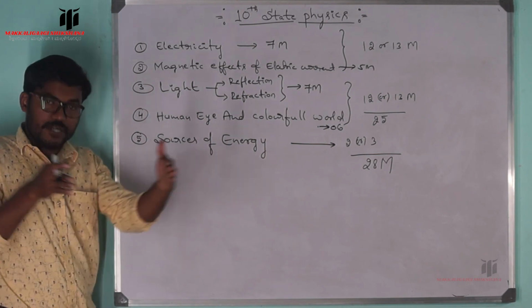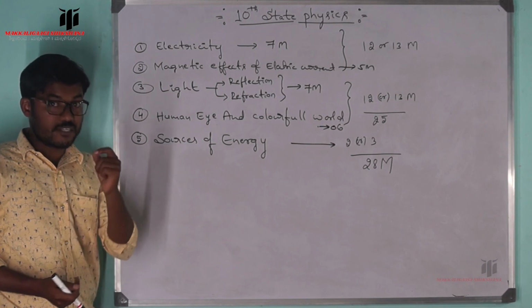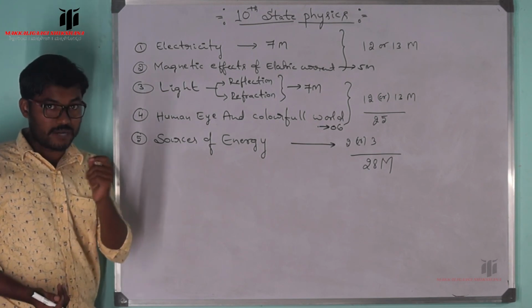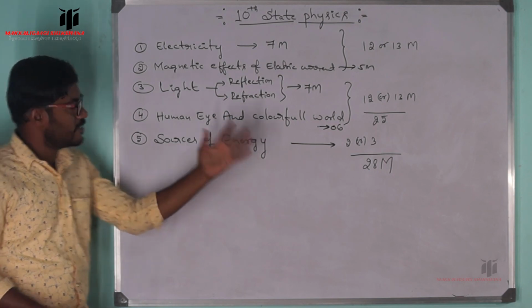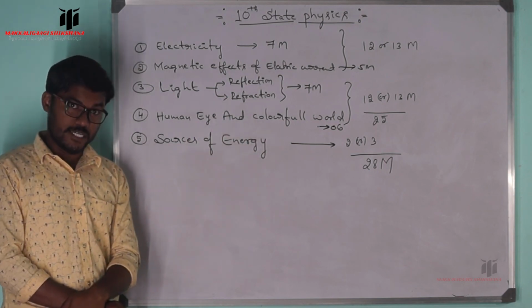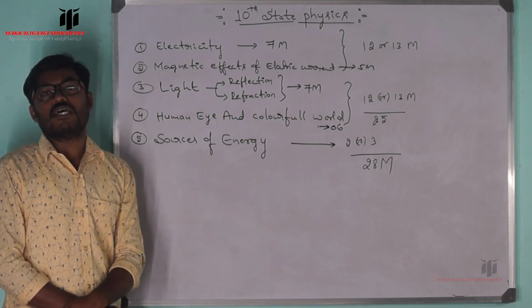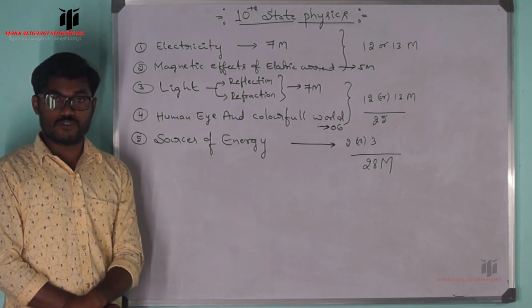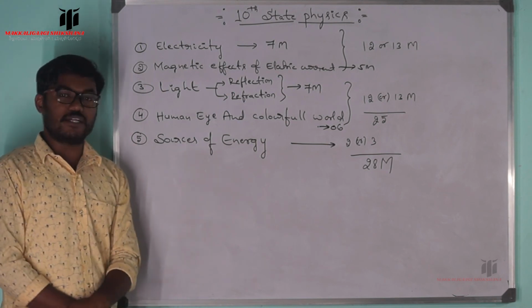Like that, different sources of energy we are using in our daily life, and what is the use of that, and what are the advantages, what are the disadvantages, we will discuss in case of this source of energy, and why we have to conserve these sources of energy for the future generations. That is also a very important thing that we discuss in the source of energy chapter.